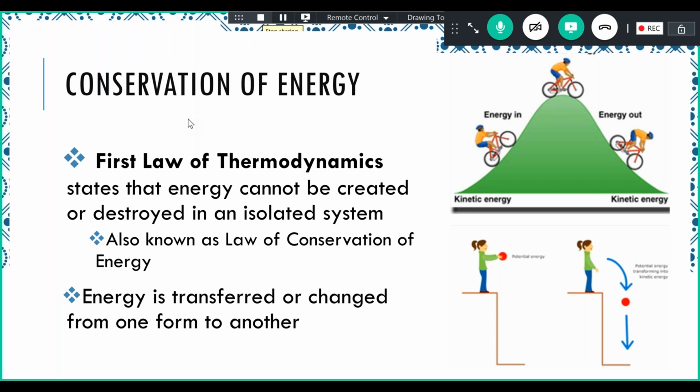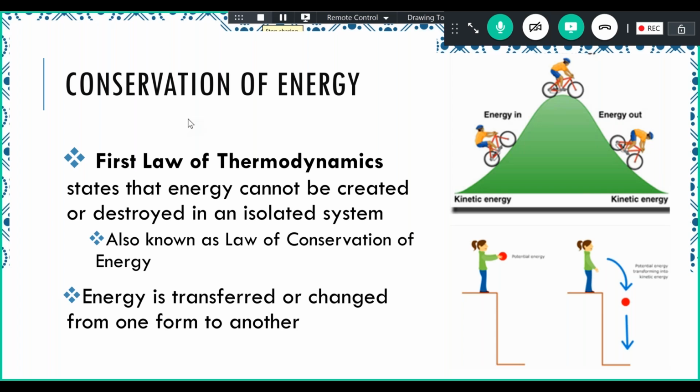And finally, at the top of the hill, potential energy is the maximum in this scenario, and there's no kinetic energy. And then the potential energy from the top of the hill is converted back into kinetic energy as the biker is moving downwards the hill.